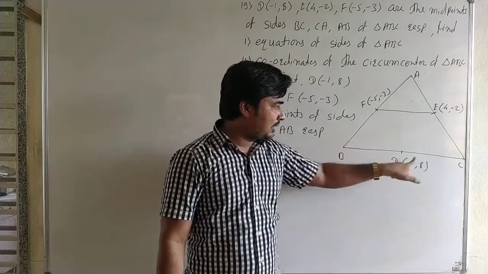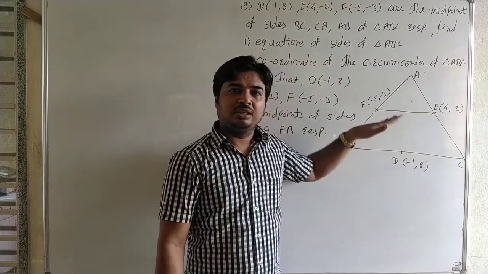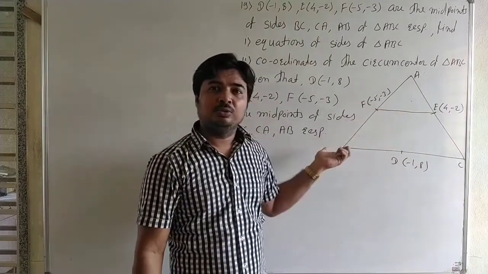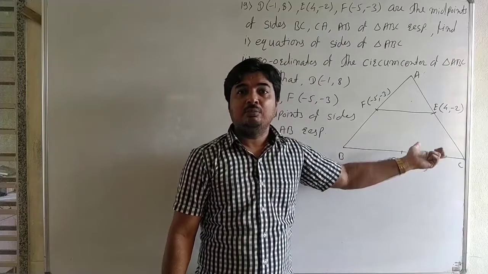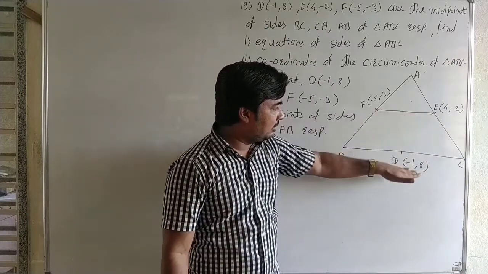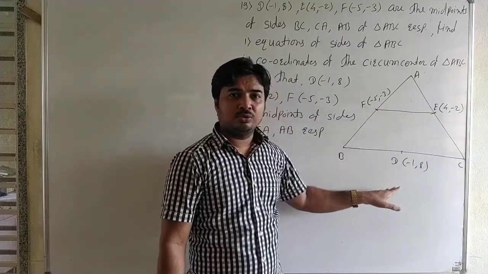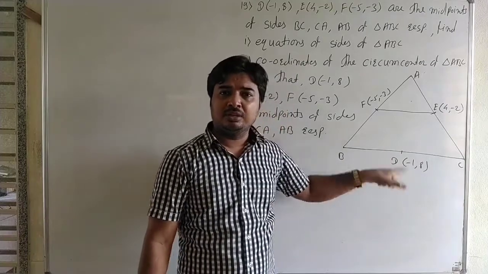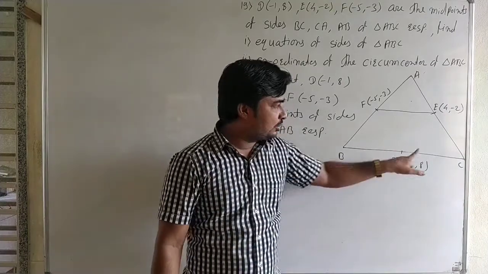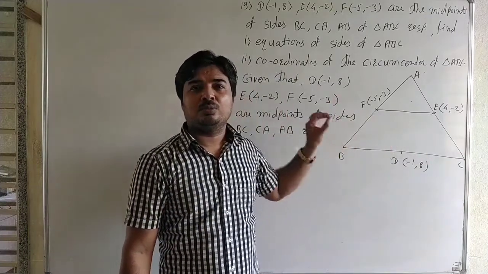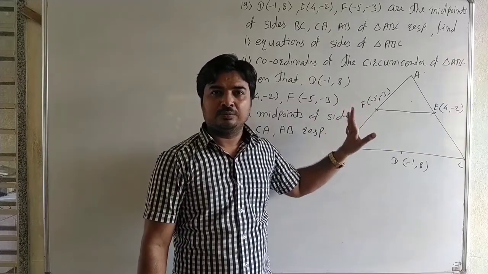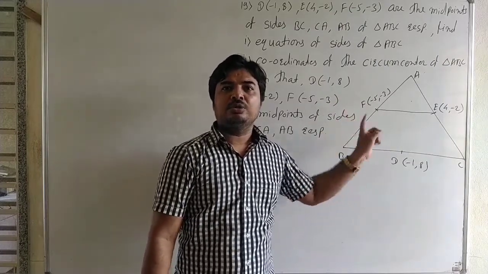Then we know the point and slope, and then we find the equation of line BC by using the slope-point form of the line: y minus y1 is equal to m into x minus x1.